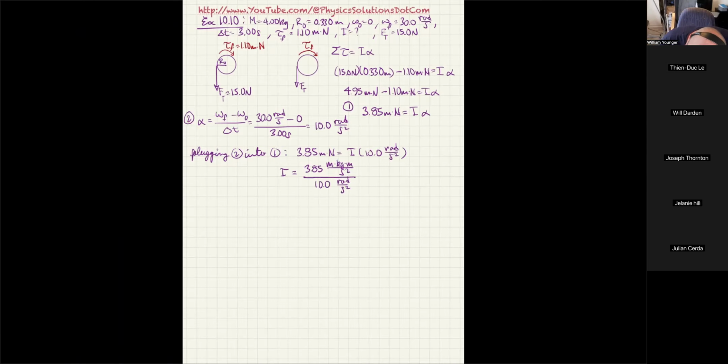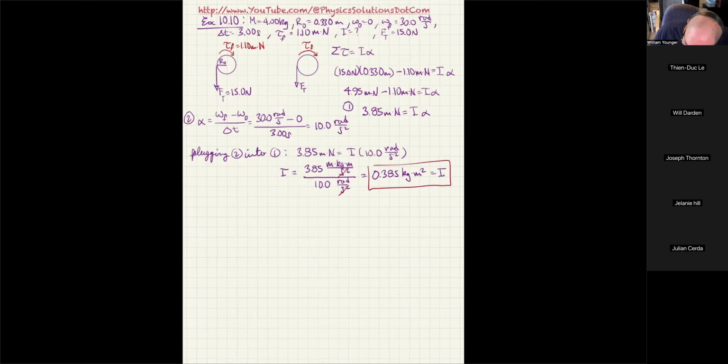You can see that the second squareds are going to cancel out, and we end up getting kilogram meter squared per radian, but a radian is just a pure number, so you can throw that away. And our answer is finally 0.385 kilograms meters squared is equal to the moment of inertia for this.